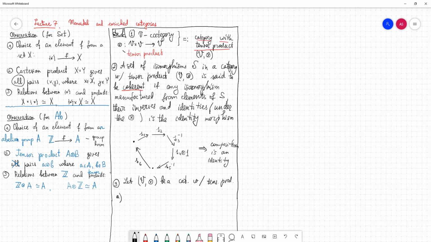A natural isomorphism which we call alpha sub A, B, C, which goes from A tensor B tensor C to A tensor B tensor C, is called an associative.